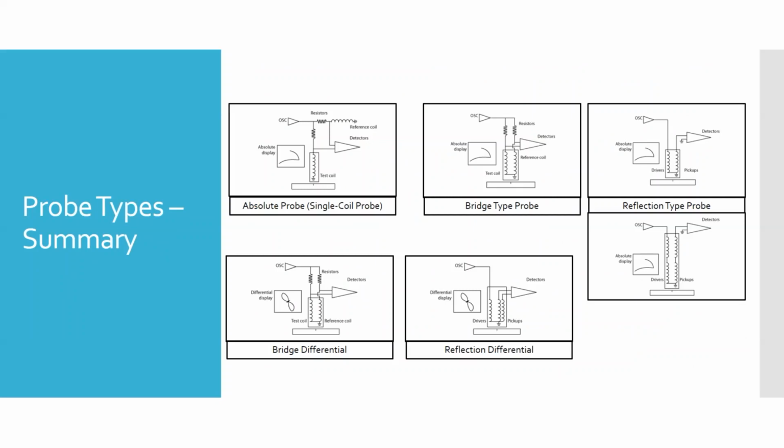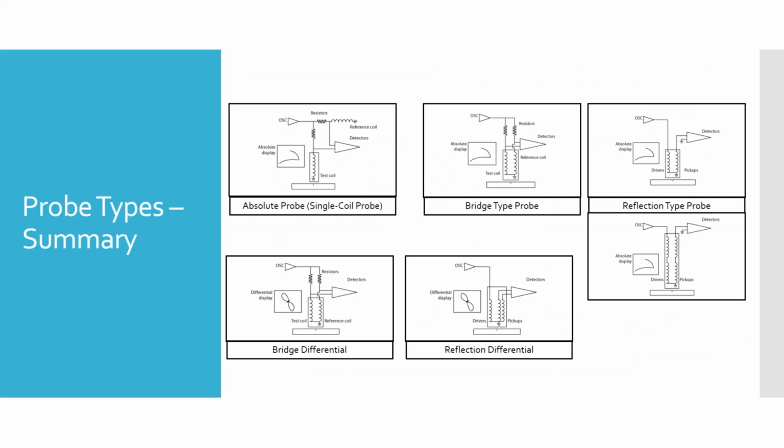The ones on the right are reflection probes. So here you can see the driver in the upper one here. There's a driver and a pickup coil, so you can see the detector is primarily looking at the pickup in this case. Below that, it shows a reflection style where you have multiple coils on the driven side, multiple coils on the pickup side.